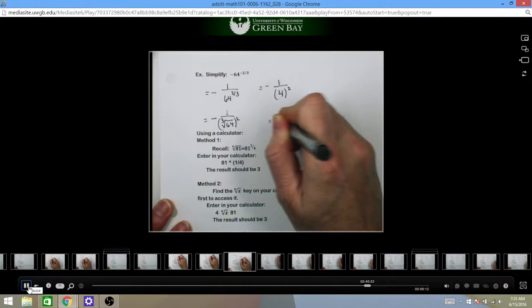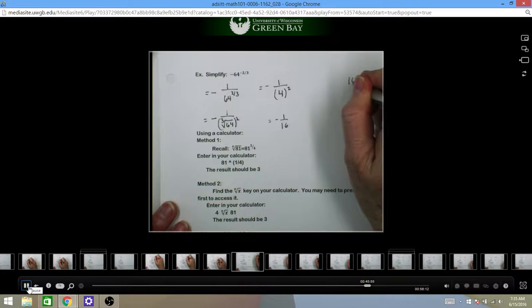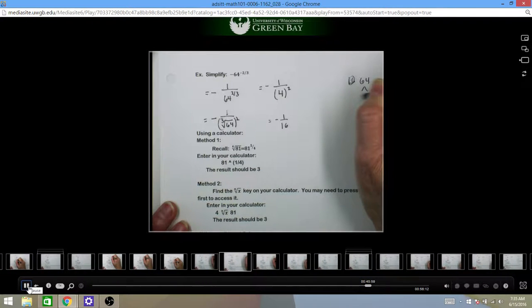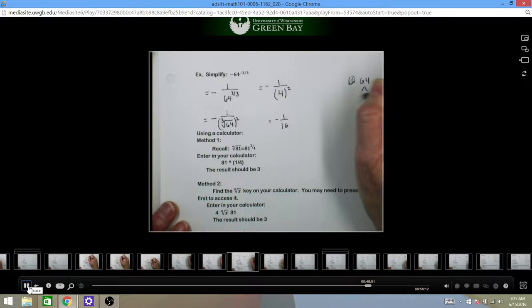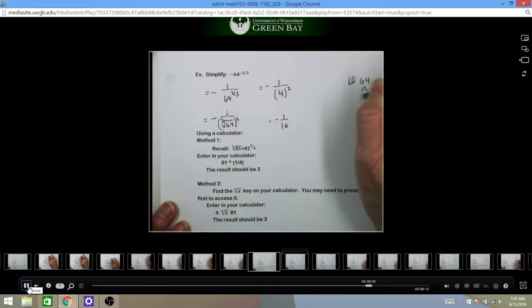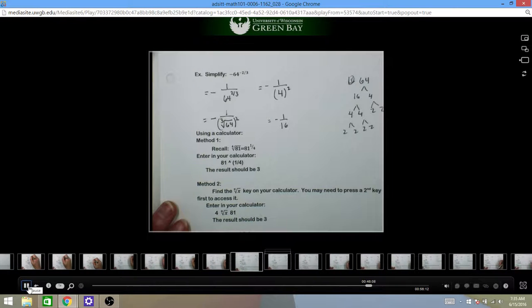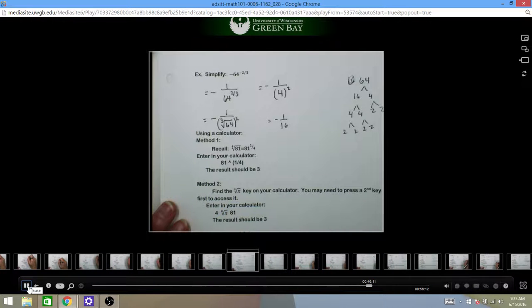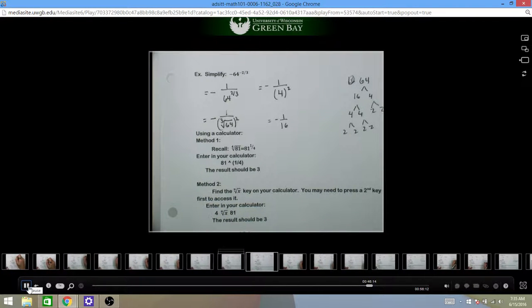You can use the tree factoring with 64, but it's more involved because really you end up with 2's. So if you worked ahead and got six 2's under the cubed root, you can do it that way. It's just more work. So you get the cubed root of 2 times the cubed root of 2, six times.